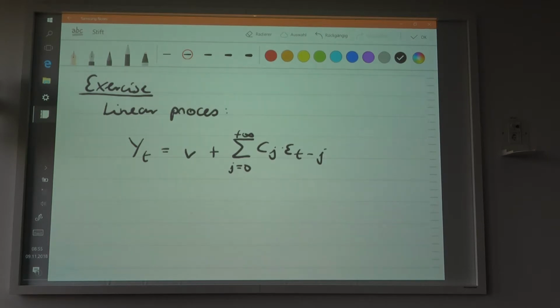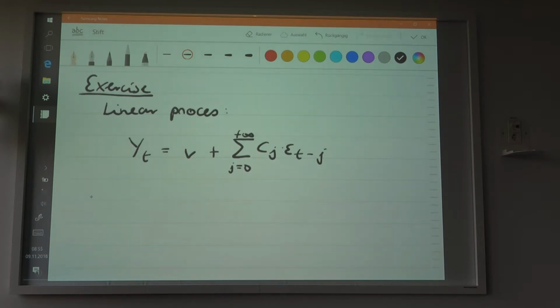Basically this looks quite similar to the autoregressive processes that we had here, if they were stationary. This is the general process, and what's important here is that any stochastic process which is stationary can be written as a linear process. So this is just a generalization.